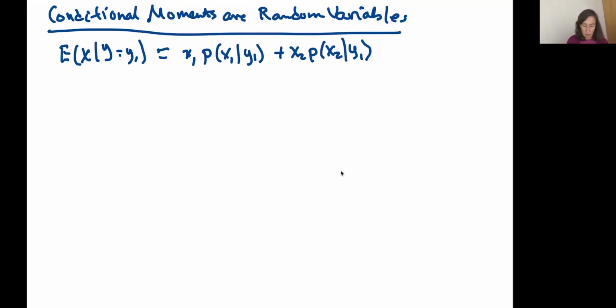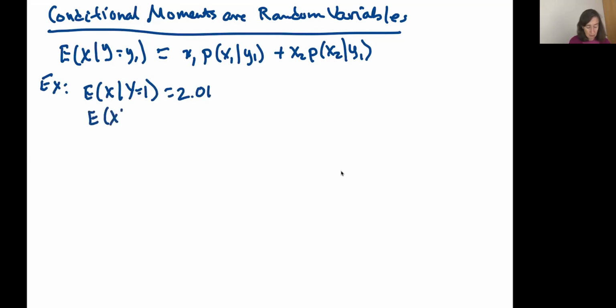Let's make it a little bit more concrete and continue to work with some of the numbers from the City Council School Board election. I'm going to write down some numbers that we derived in past lessons. We had the expectation of X, the City Council median voter, conditional on the school board median voter being at 1, and that expected value was 2.01.